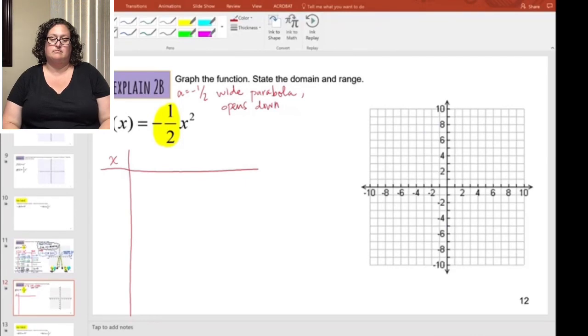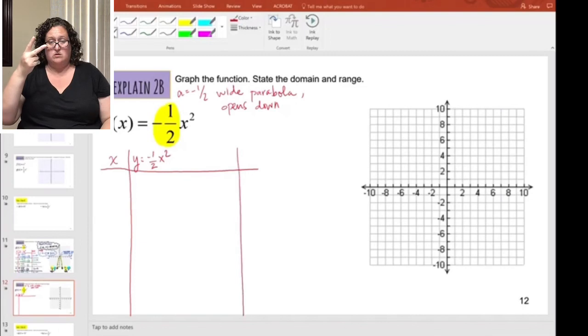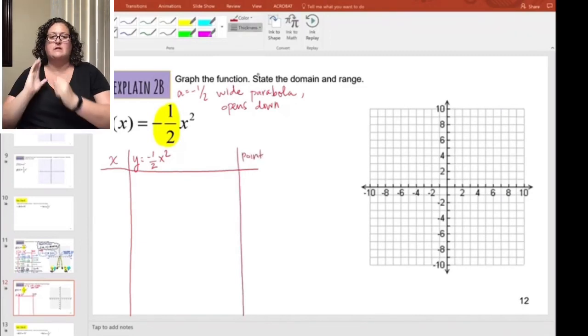Let's go back to our table. y equals -1/2 x squared, and our third column is going to be reserved for our point. Let's start off with -4.